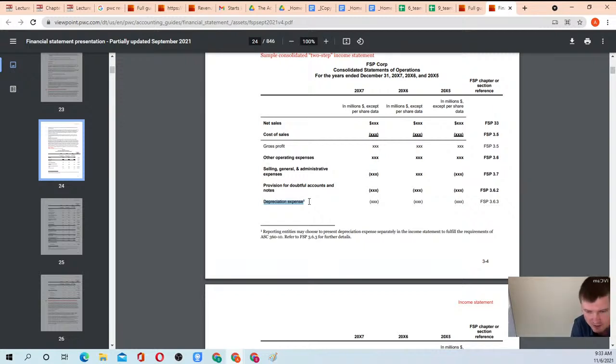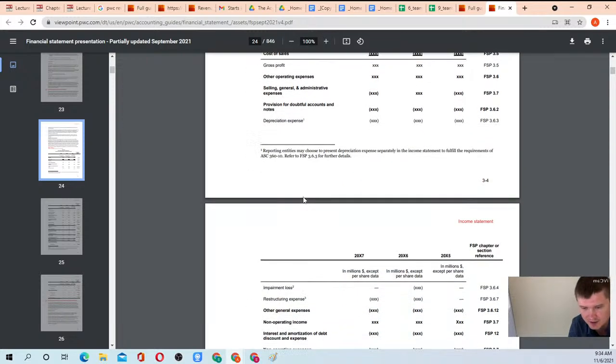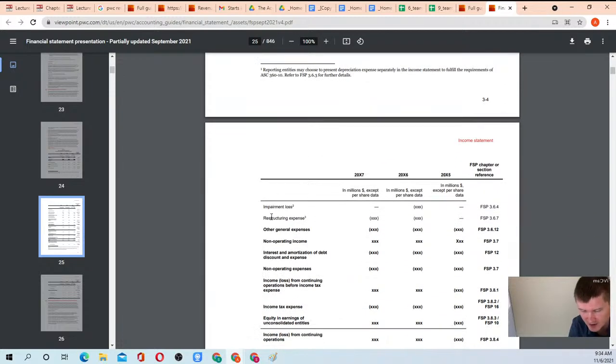Like, for example, EBITDA. Many companies report EBITDA, and it is a key management performance indicator. In that case, it's advisable to have depreciation expense separately so that EBITDA can be easily reconciled to the income statement.